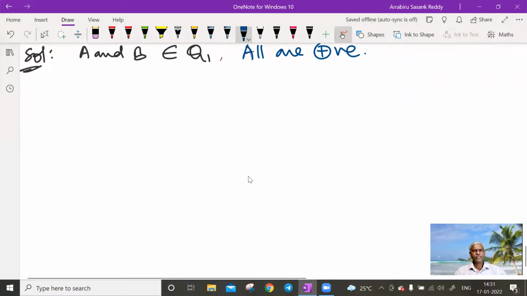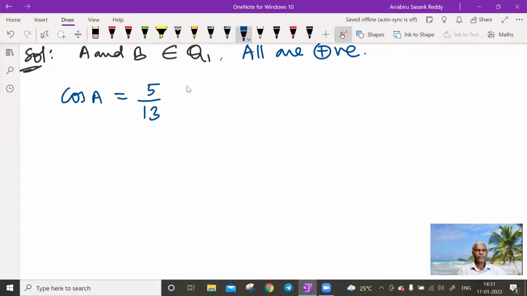Now let us find the angle A. Cos A is equal to 5/13. Cos is adjacent by hypotenuse.